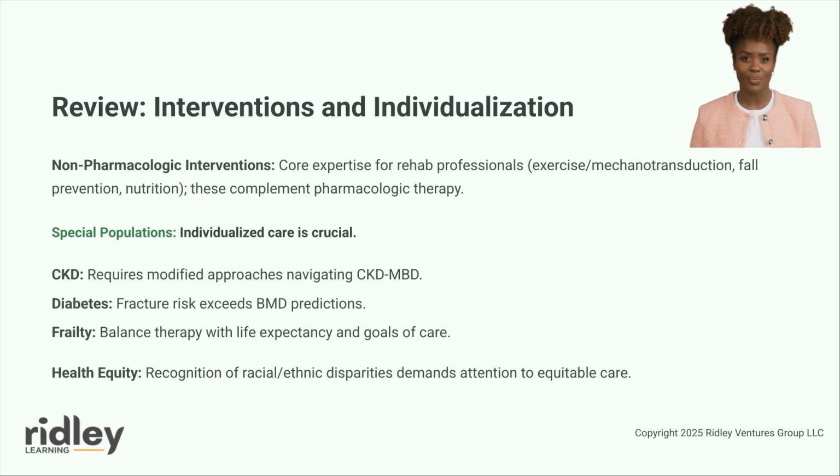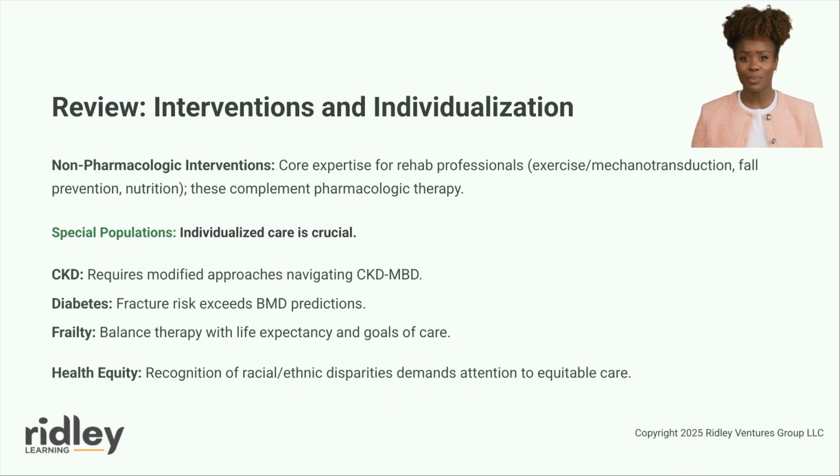The special population considerations we addressed highlight the importance of individualized care that accounts for patient-specific characteristics and comorbidities. Patients with chronic kidney disease require modified approaches that navigate the complexities of CKD-MBD while still addressing fracture risk.